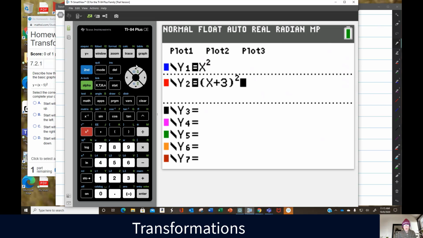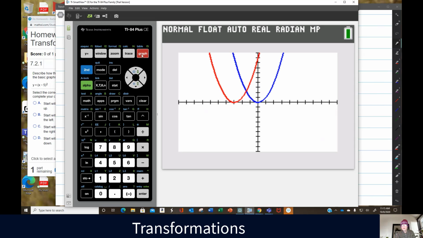Okay, now watch what happens to the blue graph. It's moved to the left 3 units. Directly to the left. Same exact shape, but it has shifted over to the left.